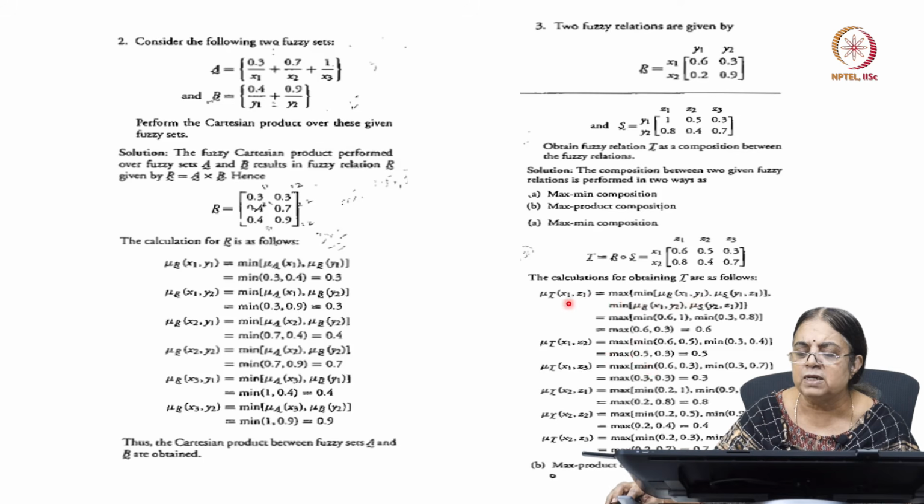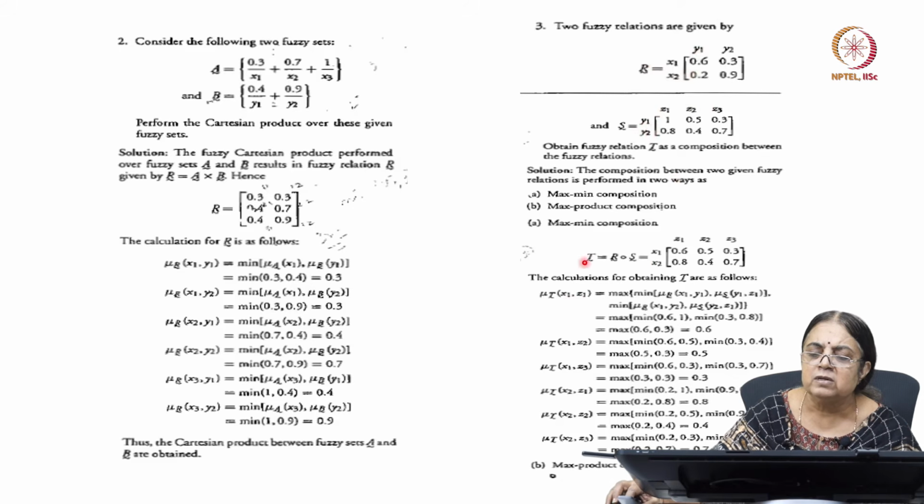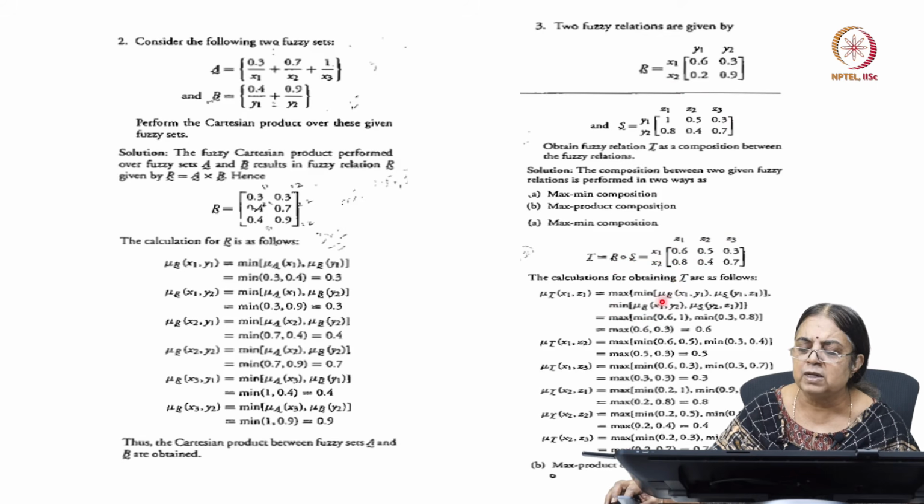Suppose I want the value between x1 and z1. Since R is between x and y and S is between y and z, your R composition S will be between x and z. So what would be x1 z1? You take the minimum of x1 y1 and y1 z1, and the minimum of x1 y2 and y2 z1, and you take the maximum of those.